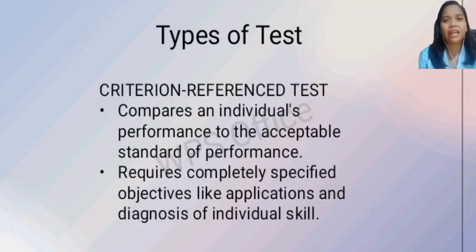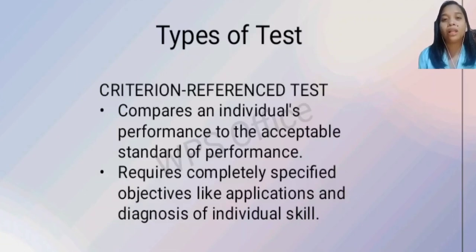Number 9 is the criterion reference test, which compares an individual's performance to an acceptable standard of performance, or it could be a style of test which uses the test scores to generate a statement about the behavior that can be expected of a person with that score.